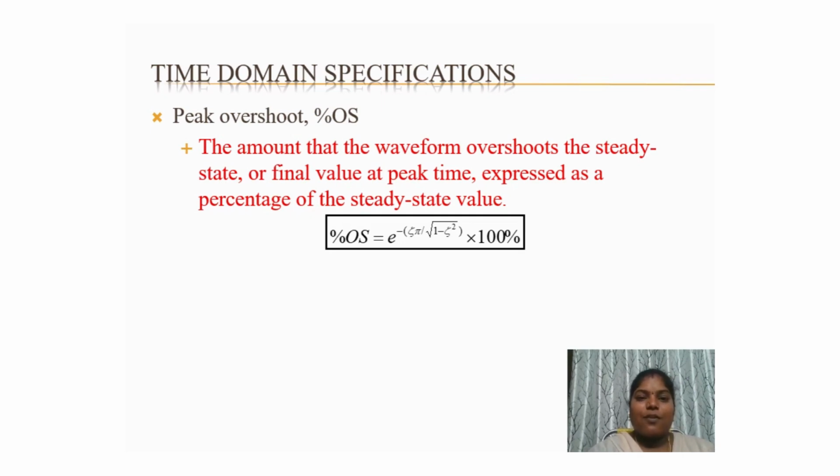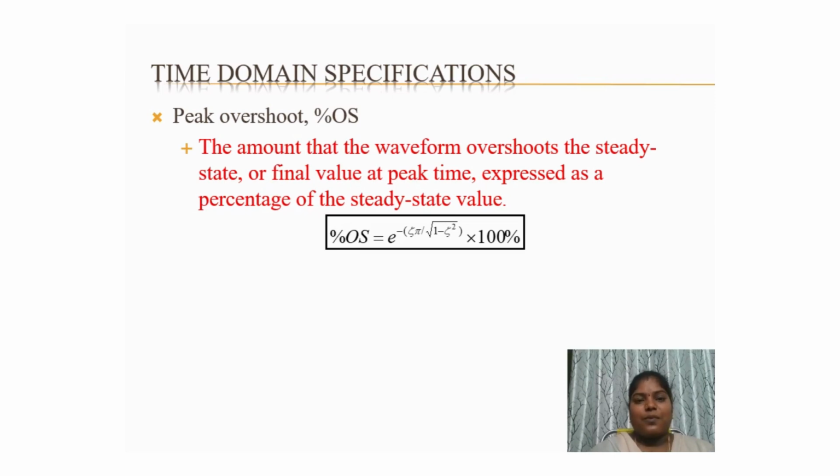Here C of Tp is the maximum value, and C of infinity is the final value. Percentage of MP is equal to (C of Tp minus C of infinity) by C of infinity.